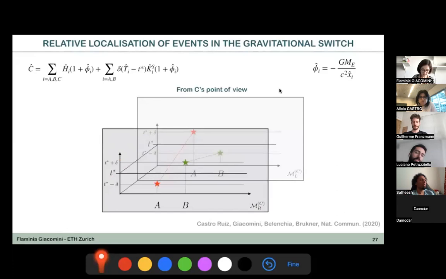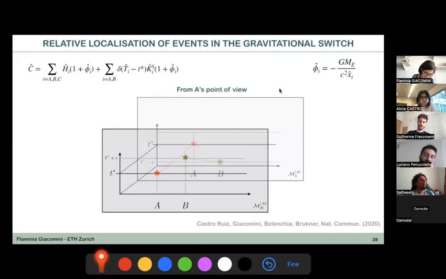But now let's take the perspective of A. From A's perspective, if the mass is on the right, her operation happens at some T star. And if the mass is on the left, it happens at the same time T star. So you see that the operation in A always happens when clock A tells me it's time T star. So this is perfectly consistent.